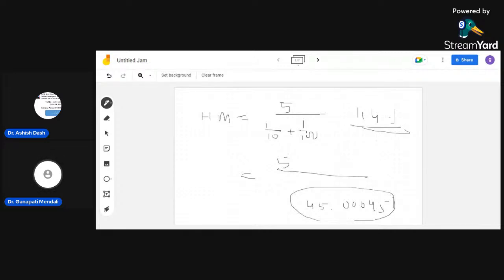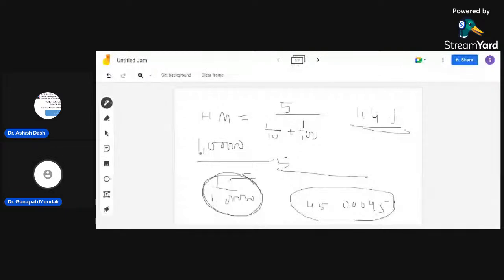If we have an extreme value like 1 lakh, why is it not affected? Because we are not taking the direct value of 1 lakh, but we are taking 1 by 1 lakh, the reciprocal. It is strictly defined, so there will not be any problem.